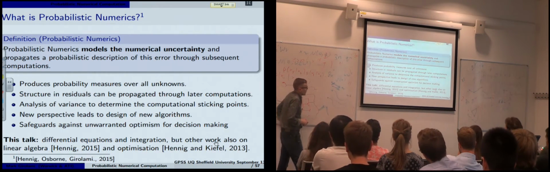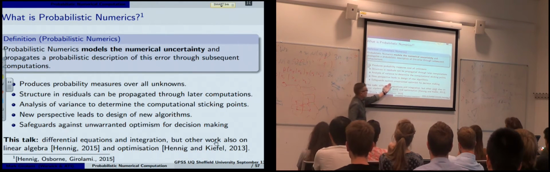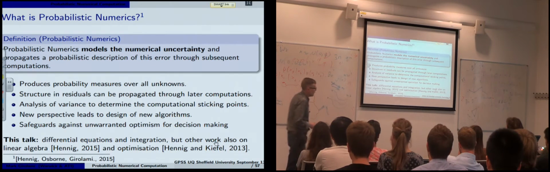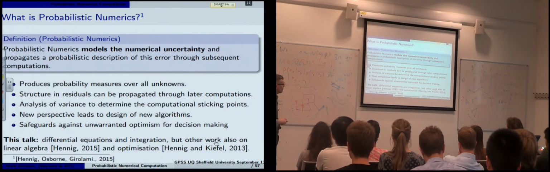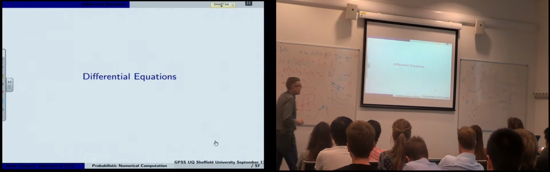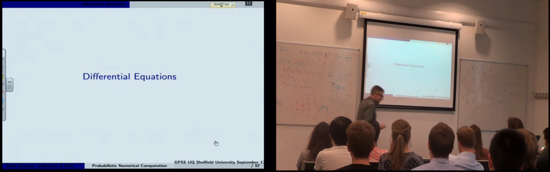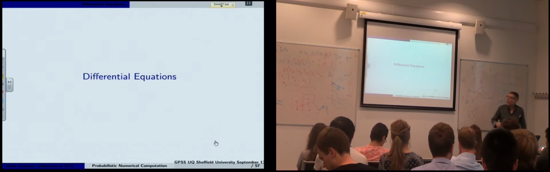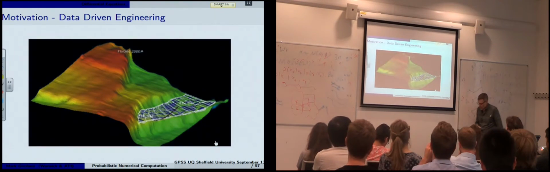And I suppose at the end of the day, it really safeguards against any unwarranted optimism in decision making or policy formation. So let me give you a little working example now that's perhaps a bit more interesting than the little example I just gave you.